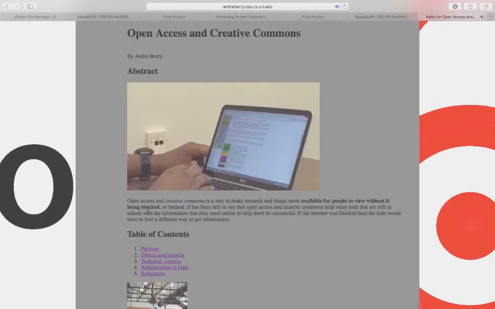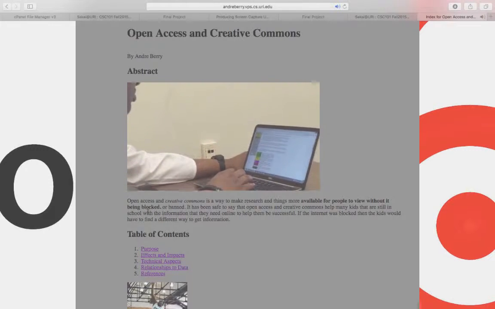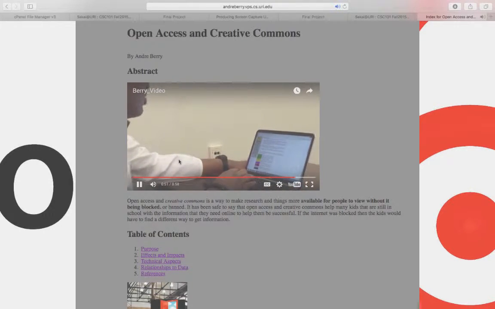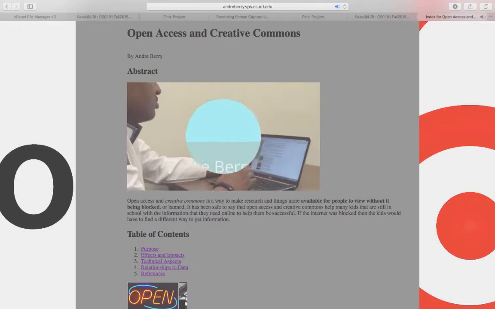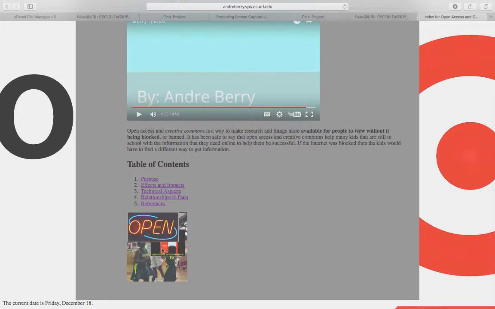They also have preprints, which are articles that are pre-peer reviewed, and postprints, which are articles that are post-peer reviewed.